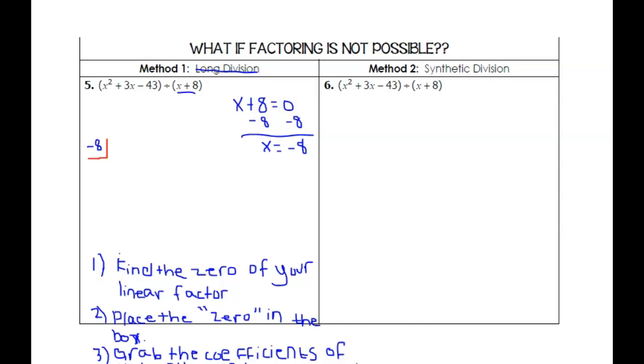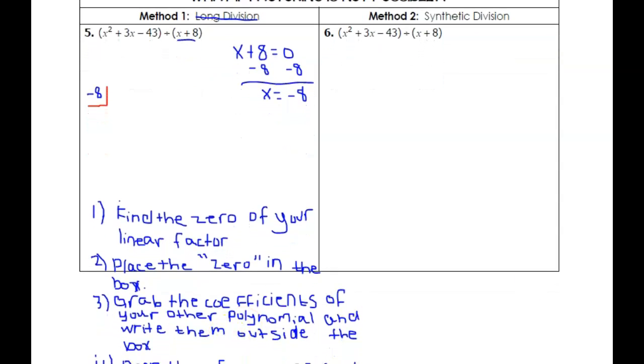The next step, grab the coefficients of your other polynomial and write them outside the box. I look at my other polynomial. I am grabbing only the coefficients: 1, which is the coefficient in front of x squared, 3, which is the coefficient in front of x, and negative 43.